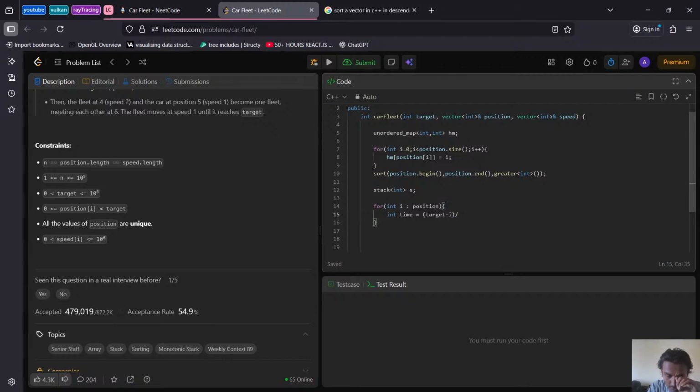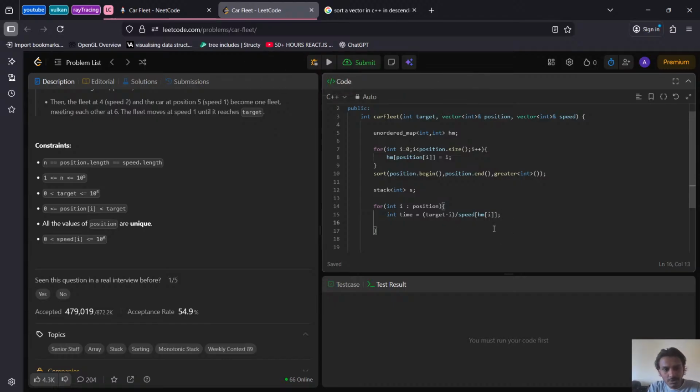So speed will be speed of hashMap of i. Whatever the value of that position in the hash map is.